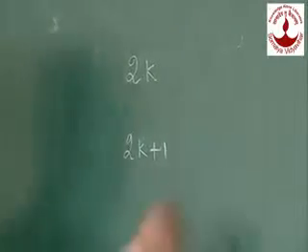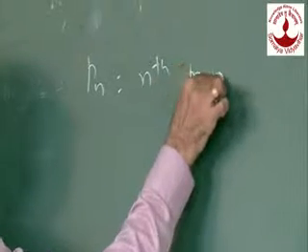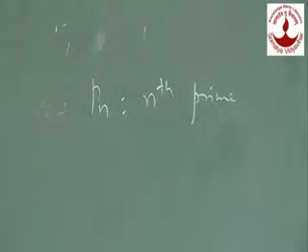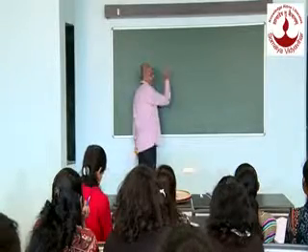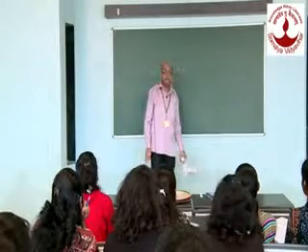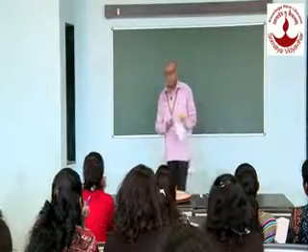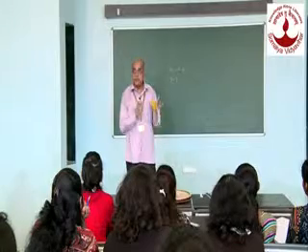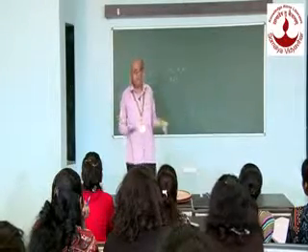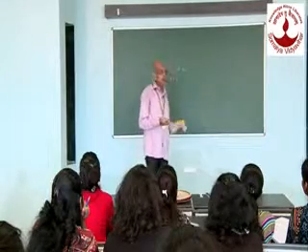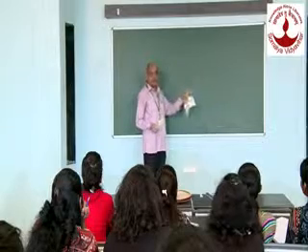So the question is, if Pn denotes the nth prime, is there any rule to write Pn? And till today, no one has given the formula. There is no perfect rule. You can go through it, a research degree will be awarded. There is no perfect formula to write the nth prime.